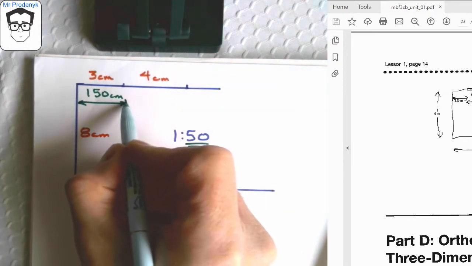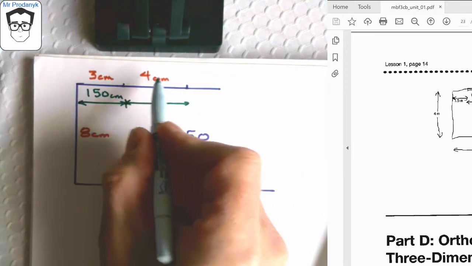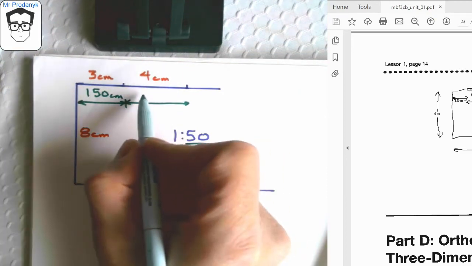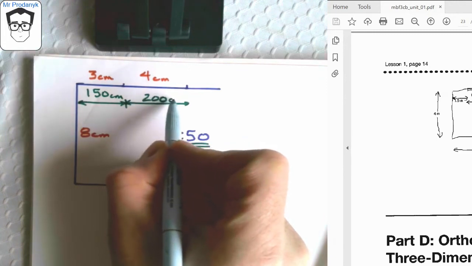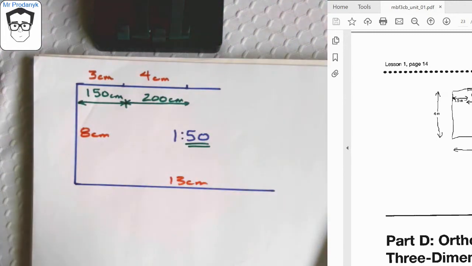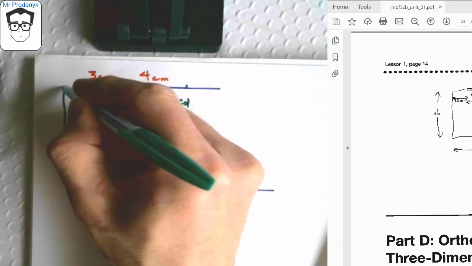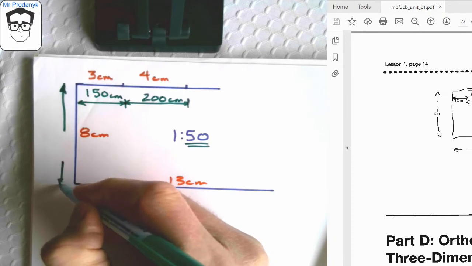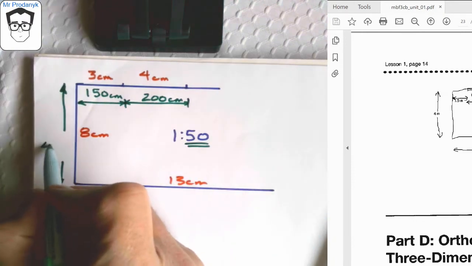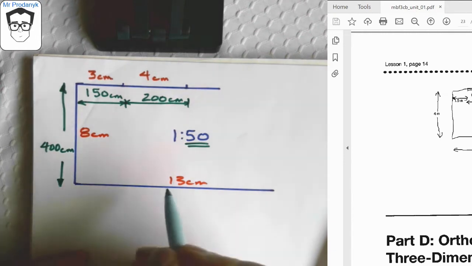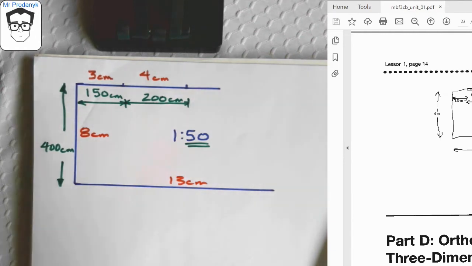And then the size of the window itself, when I measure that out, I get 4 centimeters on the drawing, but when I multiply it times 50, I realize that window opening is actually 200 centimeters. And same thing about the length of this wall, the 8 centimeter scale, multiply that times 50, I realize that's actually a 400 centimeter wall. And you would just keep doing this to complete that entire diagram. So everything is either divided up by 50 or divided down by 50.